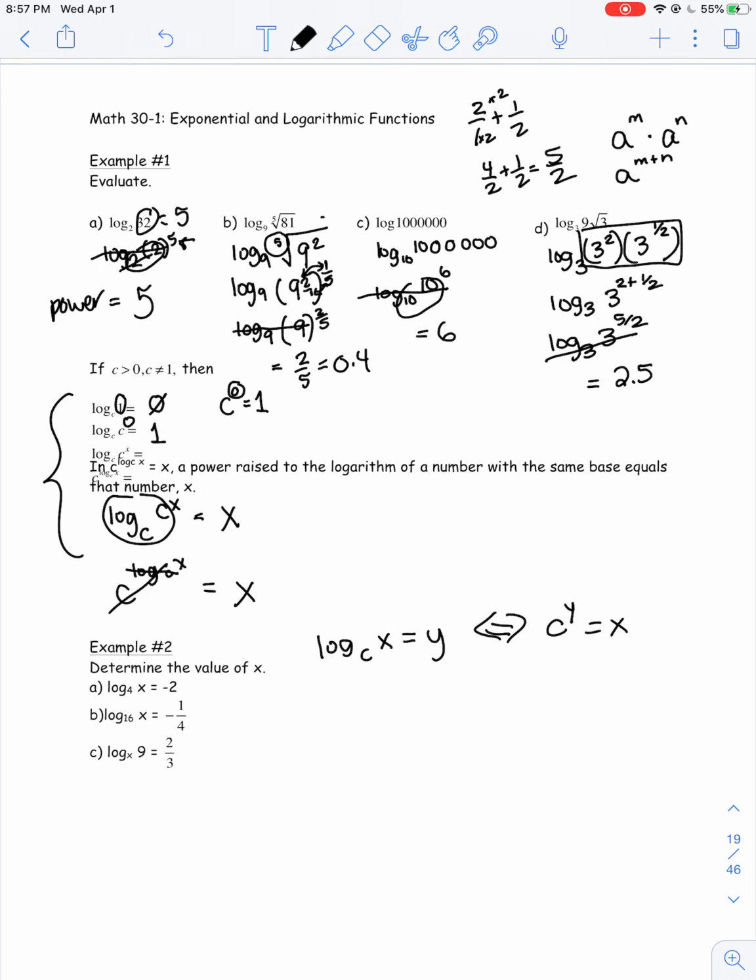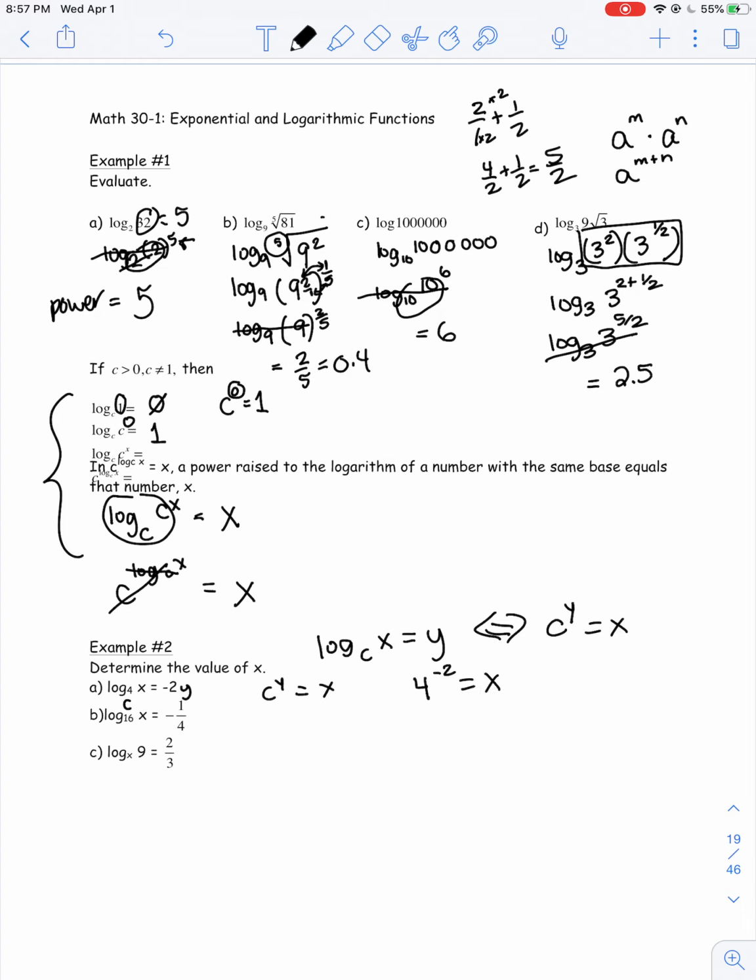What I find helps me in these situations is to label everything. I know that the 4 is c, the x is x, and the -2 is y. So now I need to write it in the form c to the power of y equals x. Well, c is 4, y is -2, so you write it as 4 to the power of -2, and then your x is x. So that's all you're doing, rewriting it into an exponential form, and then we can put it in our calculator and solve for it.